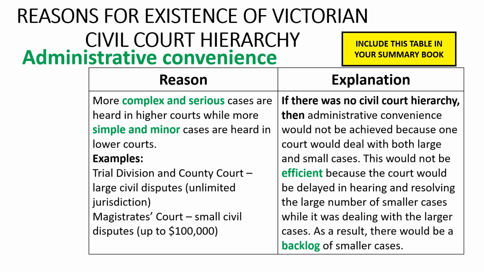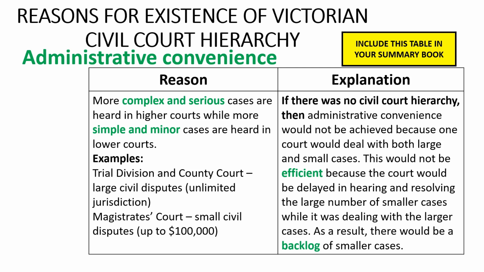As I've said, the first reason for having a Victorian civil court hierarchy is administrative convenience. Administrative convenience means that more complex and serious cases are heard in higher courts, while more simple and minor cases are heard in lower courts.